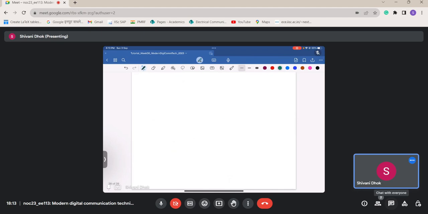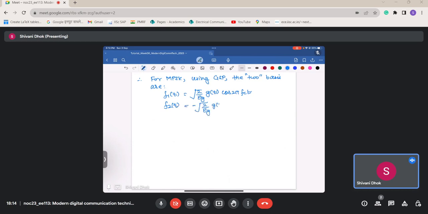So let me summarize it. Therefore, for MPSK, using the Gram-Schmidt procedure, the two bases are f1(t) equal to root 2 by Eg g(t) cos 2 pi fct, and f2(t) equal to minus root 2 by Eg g(t) sin 2 pi fct.